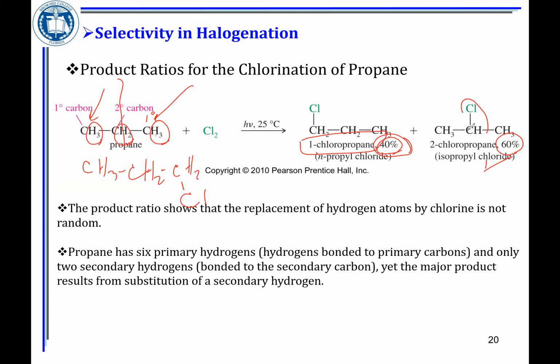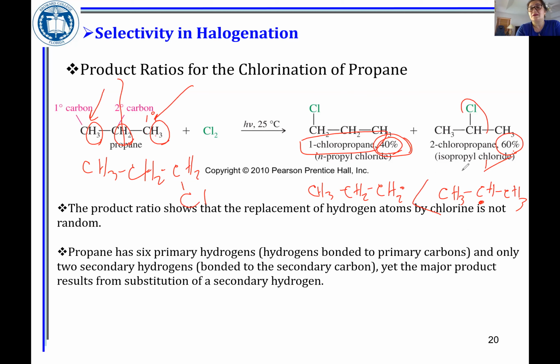Only 2 hydrogen responsible for 60% and 6 hydrogen responsible for 40%. That says that secondary chlorination is much faster. And why is it faster? That goes back to the reason that I said: if you have a primary free radical versus a secondary free radical, the secondary free radical is more stable.